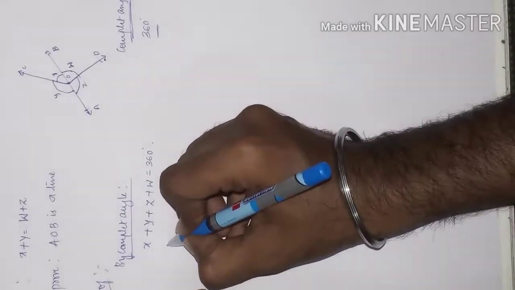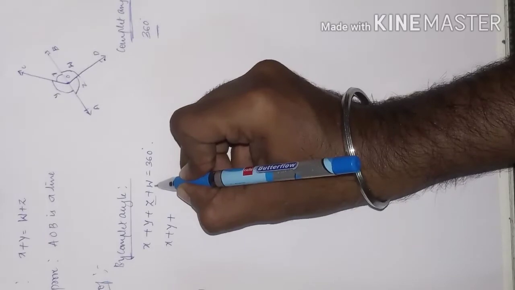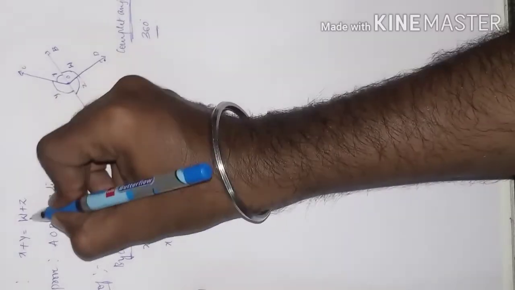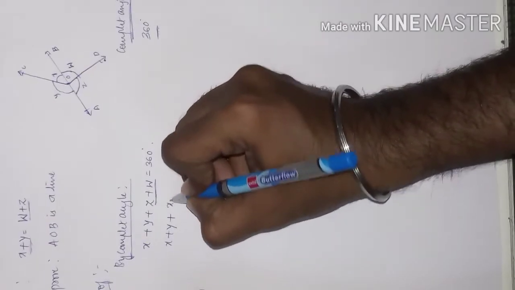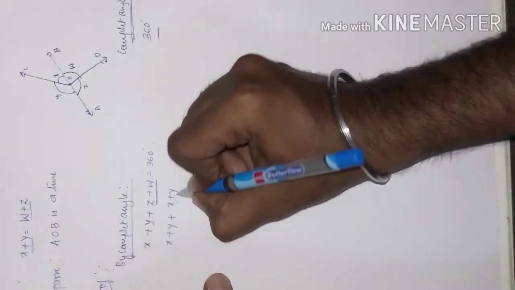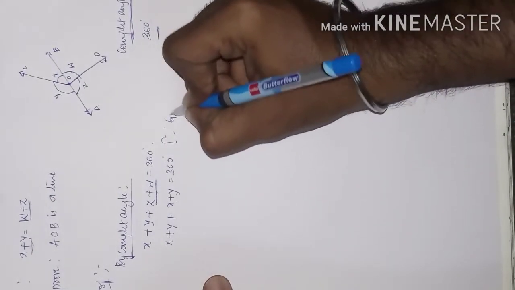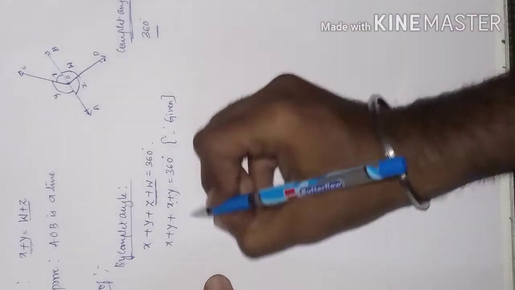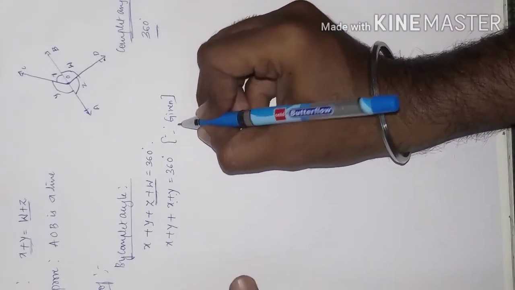I will keep x plus y as it is, but z plus w is equal to what they are saying in the given part, x plus y. In place of z plus w, I will place x plus y, which is equal to 360 degrees, and I will write here: by given. Wherever we are writing things now, we should write the given part and the reason part.